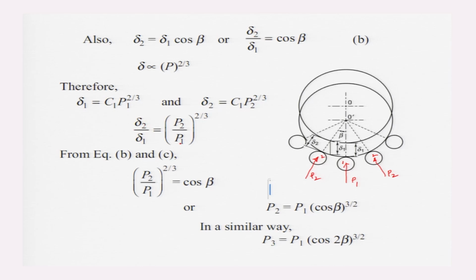So, P2, the force acting on the second ball, is equal to P1, the force acting on the first ball, times cos beta, where beta is the angle, to the power 3 by 2. In a similar way, we can find the other forces acting on the other balls.